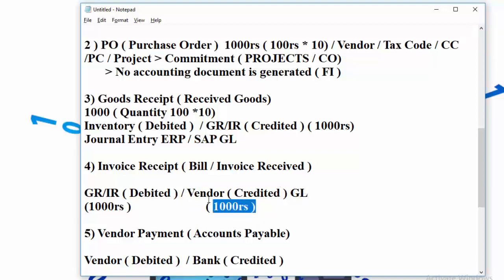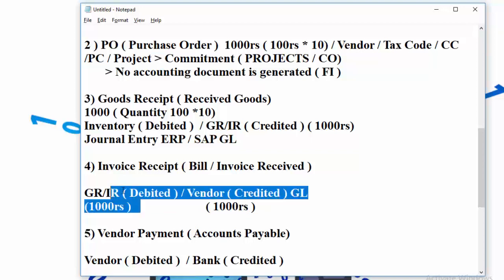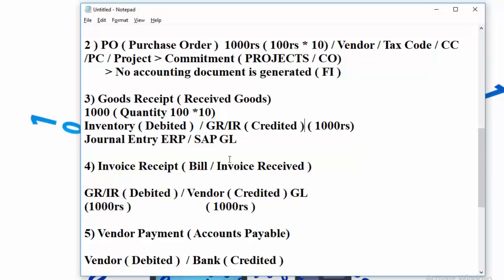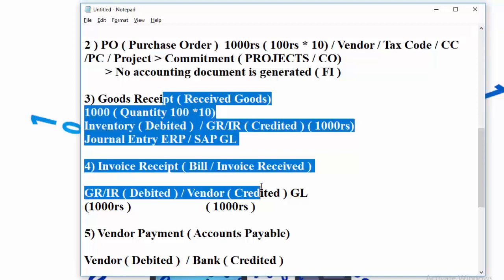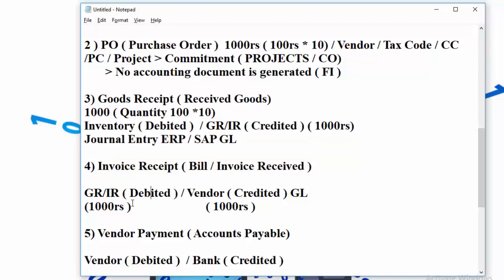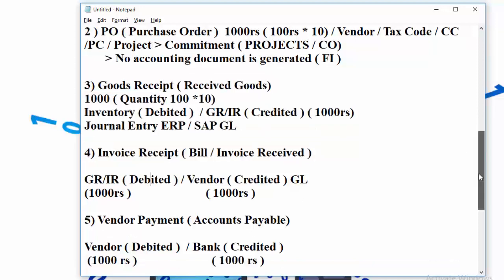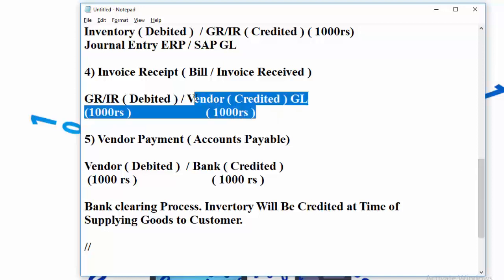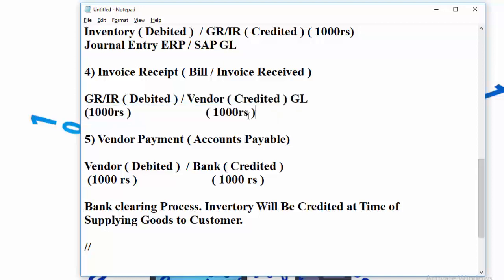So now you will have to pay the vendor 1000 rupees, while the clearing account, which was used to connect both these steps, has been offset. It has been debited and credited, while now you have a credit against the vendor, which means you have to pay the vendor 1000 rupees.